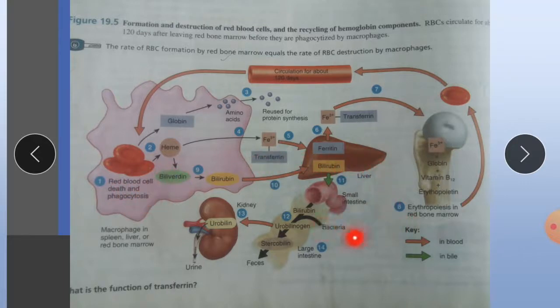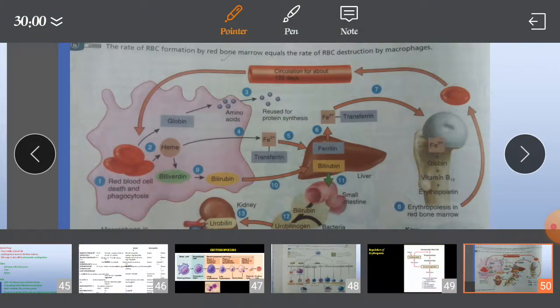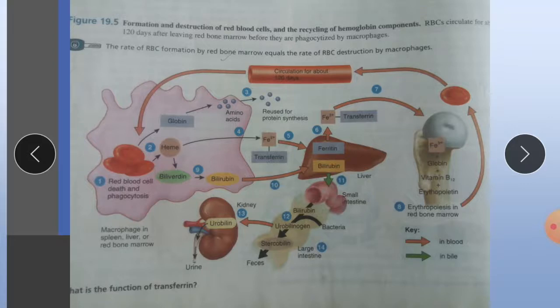There are a total of 14 points, and we will see all the points one by one. Red blood cells live only about 120 days, because of the wear and tear their plasma membranes undergo as they squeeze through blood capillaries. Without a nucleus and other organelles, RBCs cannot synthesize new components to replace damaged ones.